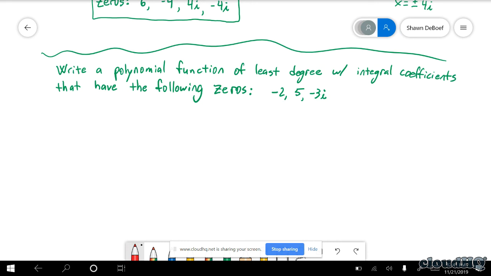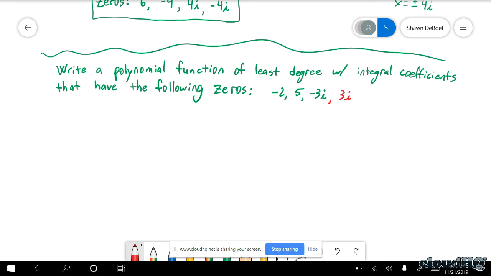What would that be, Emma? +3i. We know that imaginaries always come in pairs. They always come in pairs, and really they're just the conjugates of the other one. So if you had 1 + 2i, you would know what would be 1 - 2i. And in this case, it was -3i, so we know it's +3i. That would be an additional one that they didn't give us.